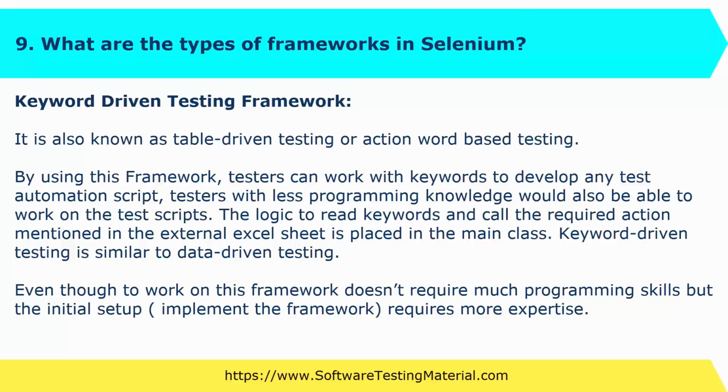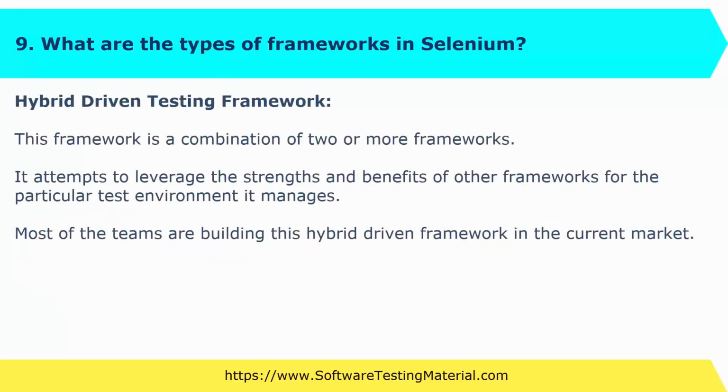Testers with less programming knowledge would also be able to work on these test scripts. The logic to read keywords and call the required action mentioned in the external Excel sheet is placed in the main class. Keyword driven testing is similar to data driven testing. Even though working on this framework does not require much programming skill, the initial setup requires more expertise.